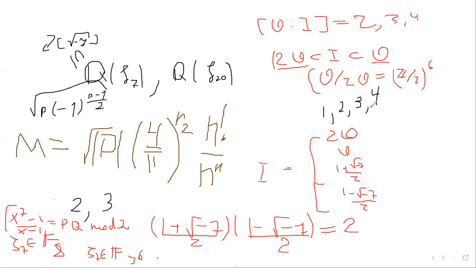So that means that the ideal class group is trivial, in fact. Right? Do we understand this?